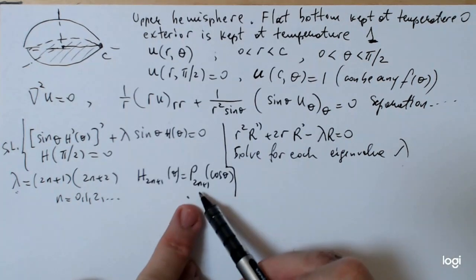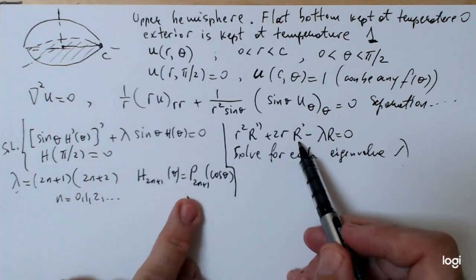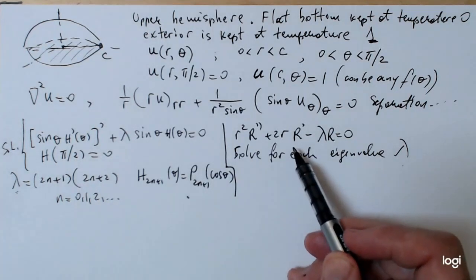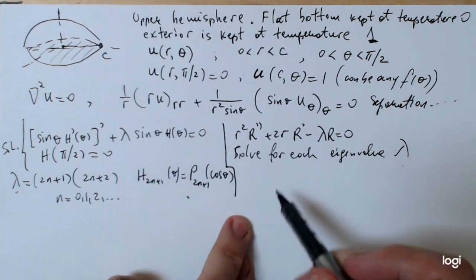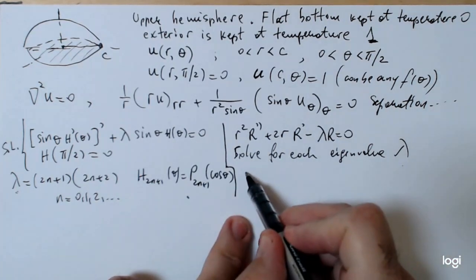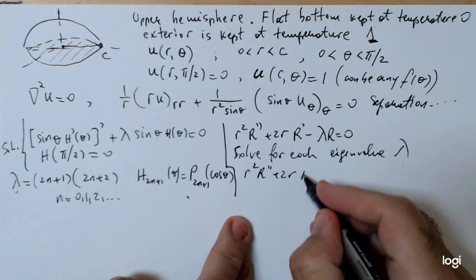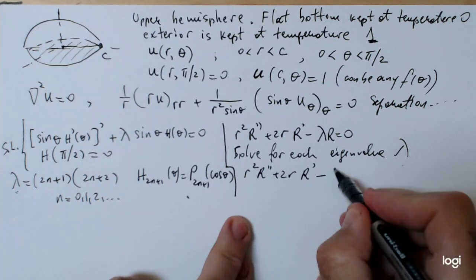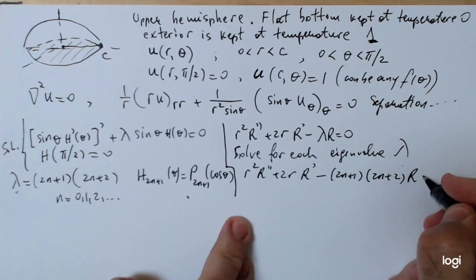By the way, once you identify that the index is always an odd number, call the index always 2n plus 1 to be in agreement with the assumption that all of these coefficients are odd. Okay, so let's plug in lambda. So we have r squared R double prime, plus 2 r R prime, minus 2n plus 1 times 2n plus 2 times big R equals 0.